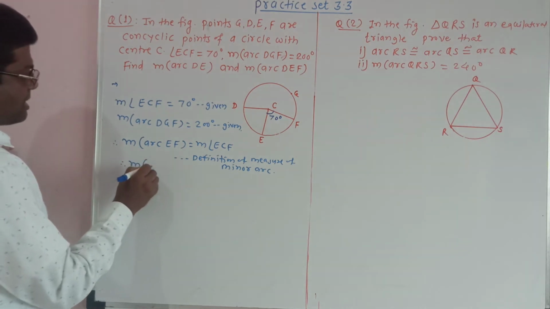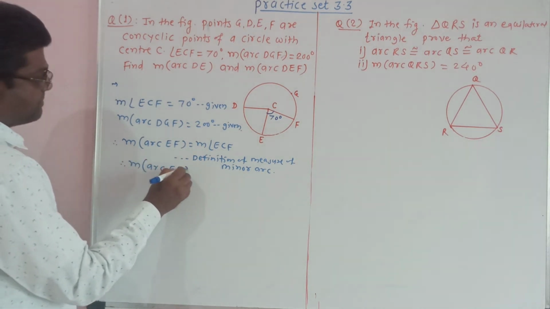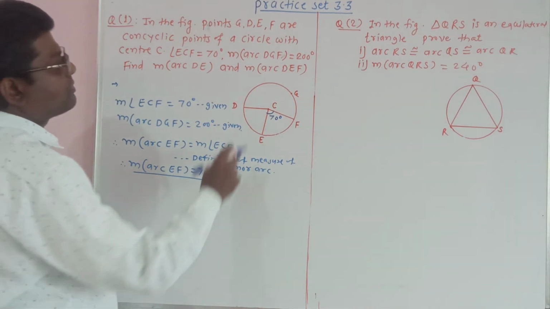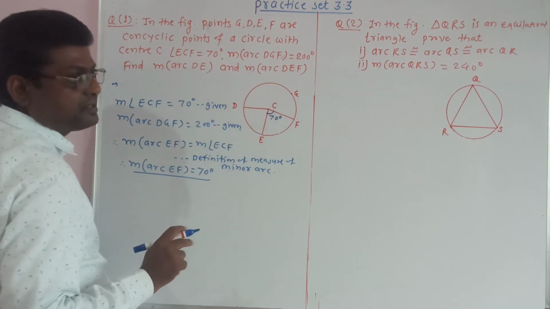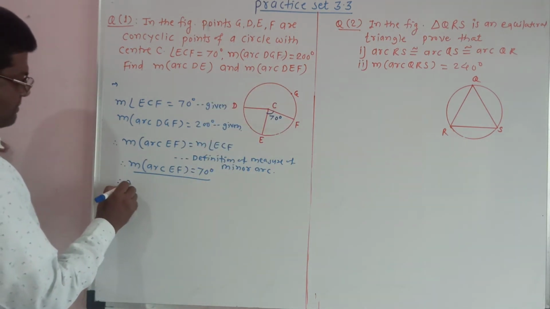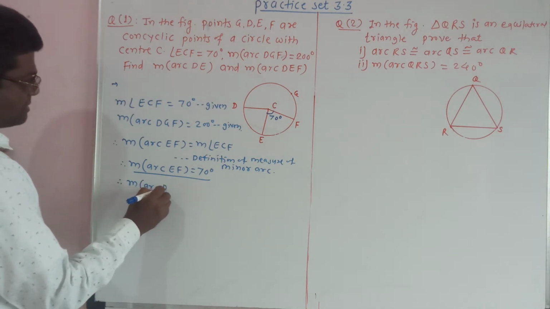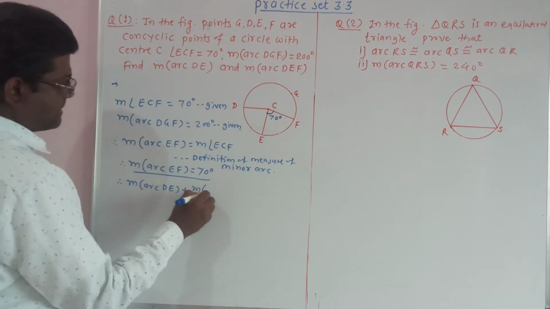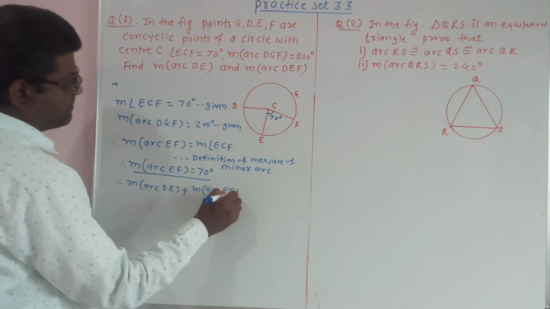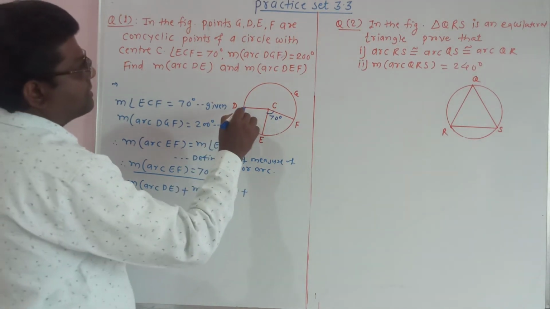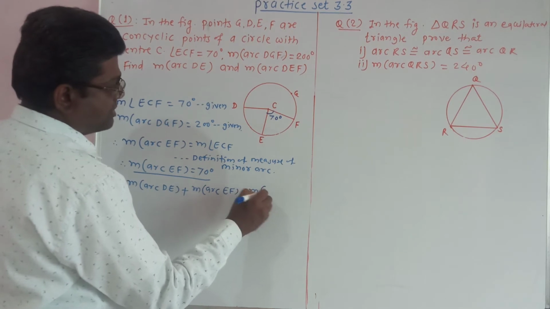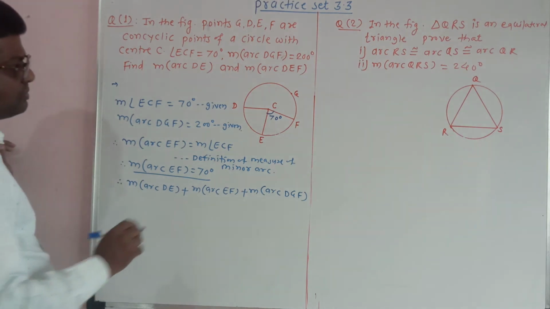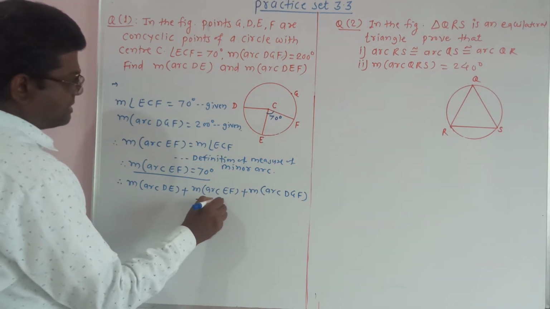Therefore, measure of arc EF is equal to 70 degree here. Now, measure of total circle is 360 degree. So, measure of arc D plus measure of arc EF plus measure of arc DGF is equal to 360 degree.